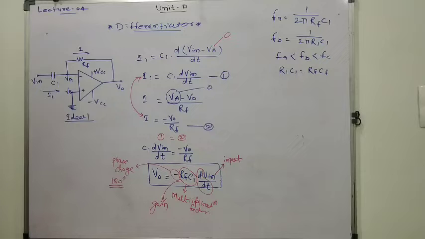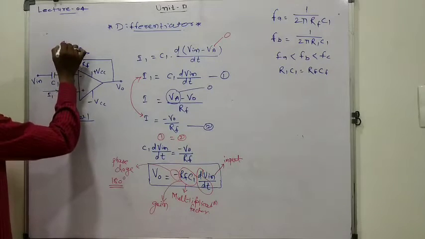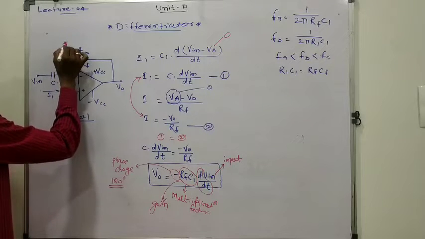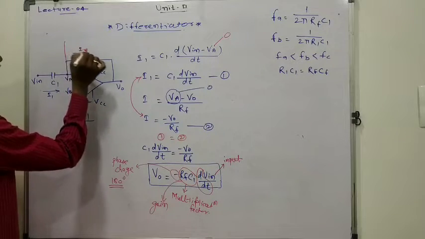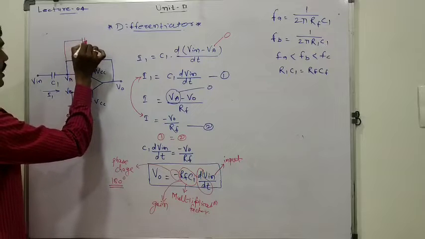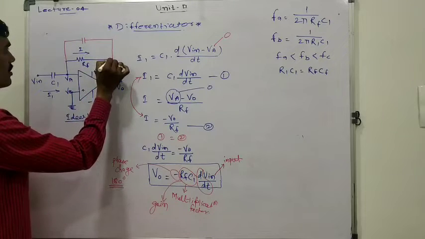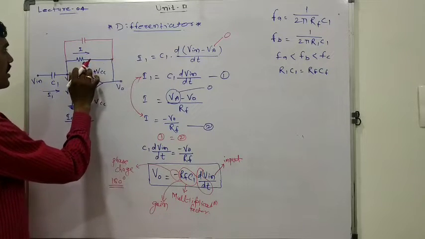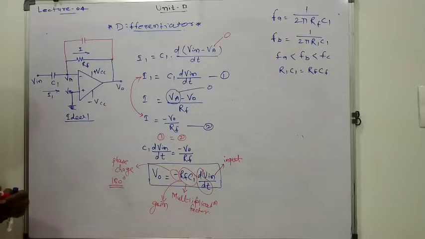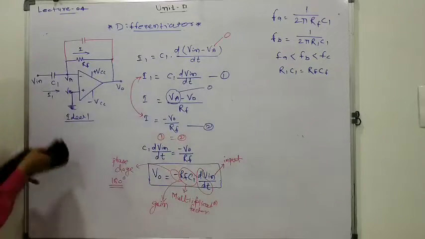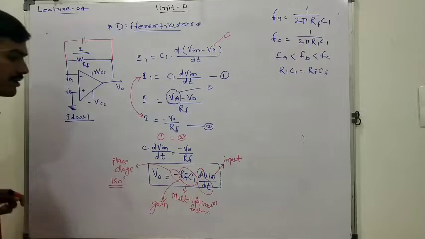So practically some changes will be done in the ideal differentiator. For the practical differentiator, we have to connect one capacitor in parallel with this RF, and one resistance will be connected in series with this C1.